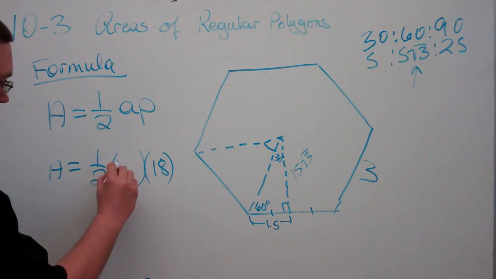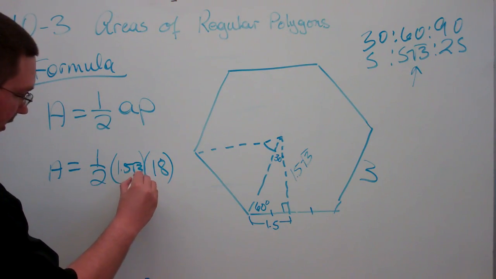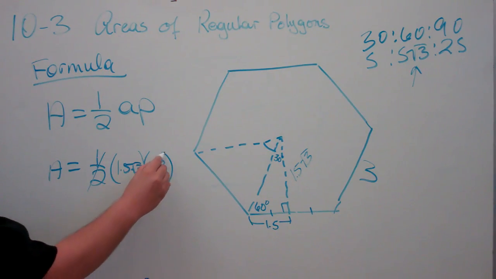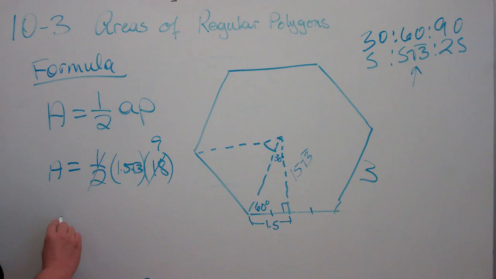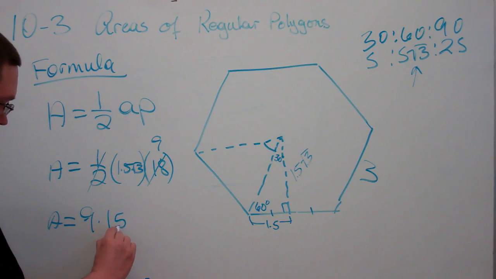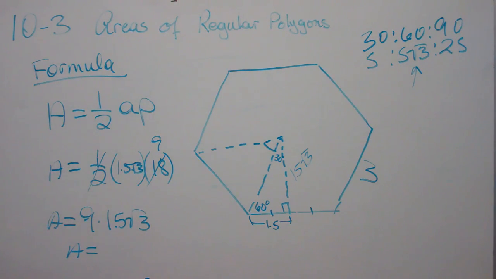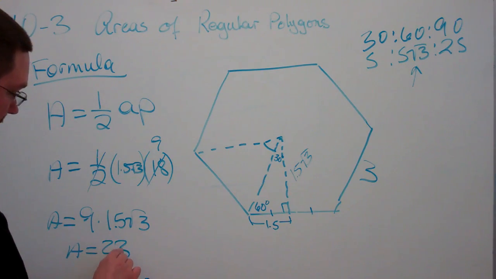So 1.5 square root of 3. Let's take half of the 18 and make it 9. So our area is going to be 9 times 1.5 times the square root of 3. You can punch this into your calculator and round to the nearest tenth or nearest whole number, and you would get about 23.